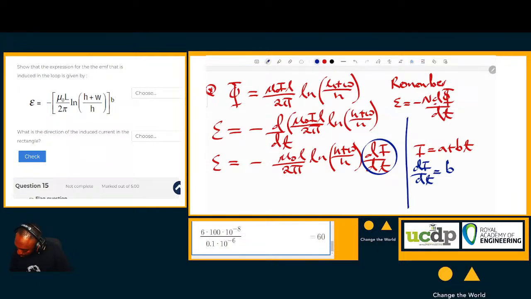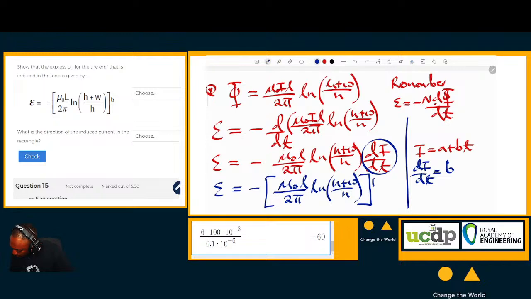So your EMF induced E is going to be equal to negative μ0 L over 2π ln of (h plus w) over h times B. Okay. Then, yes, our equation looks exactly like what we are being asked to find there. So that's how you would go about that.